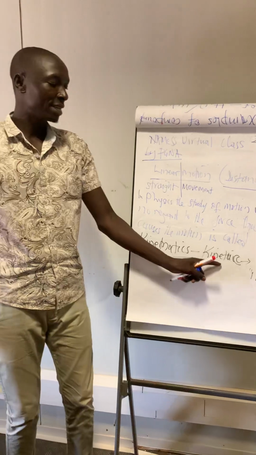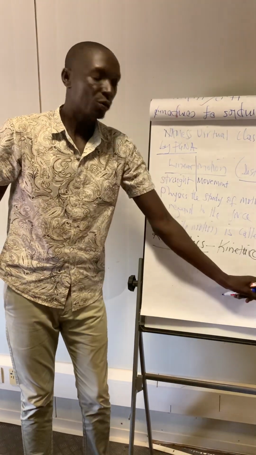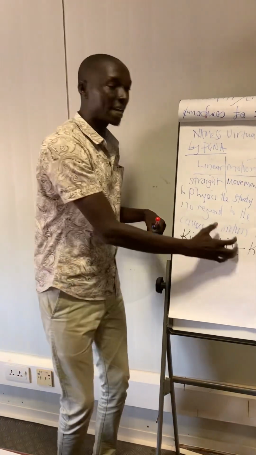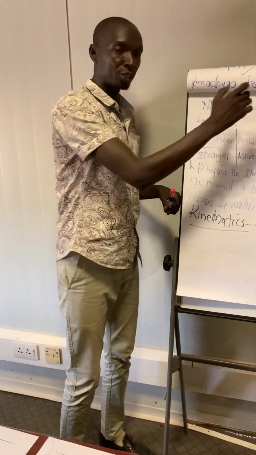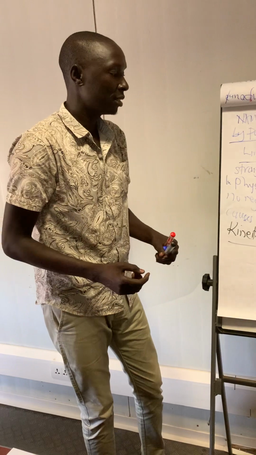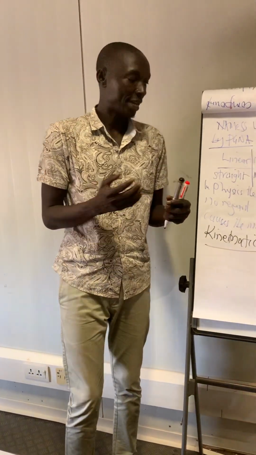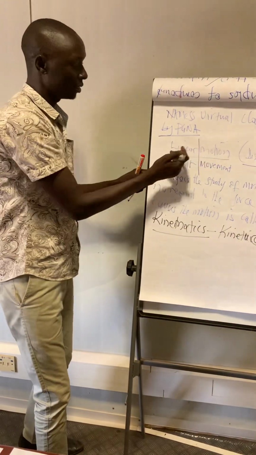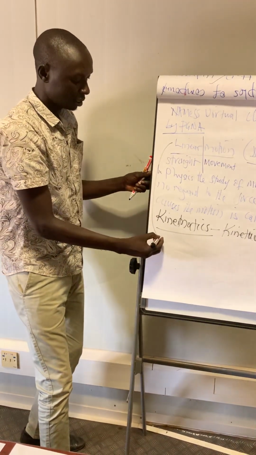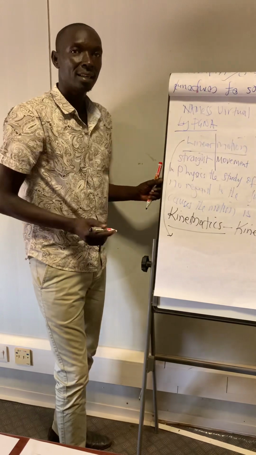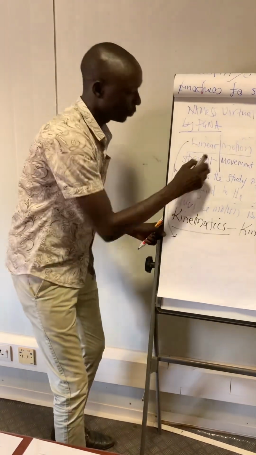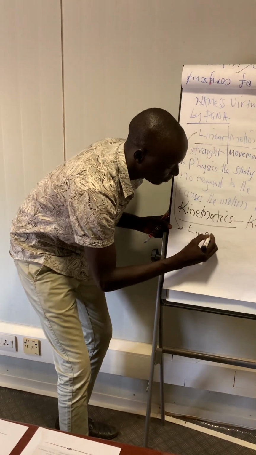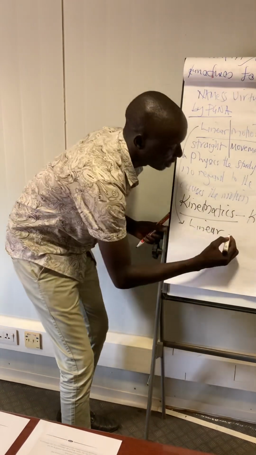And therefore the word kinetics is equal to movement, and the study of that movement, which is motion in physics, is what they call kinematics. But this motion can be in a straight line, and when the motion is in a straight line, we call it linear motion.